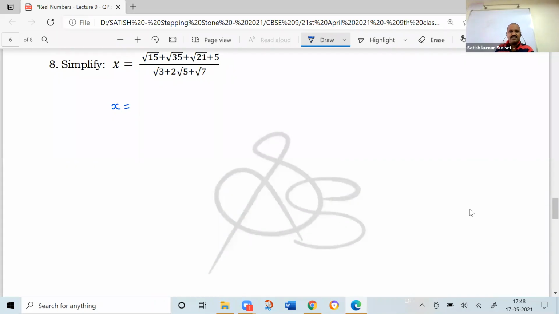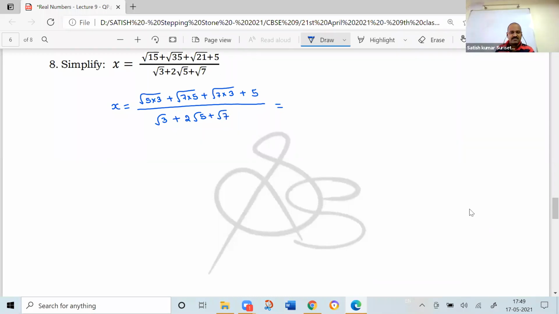So root 15 plus root 35. Root 15 you can write as root 5 into root 3, plus root 35 you can write as root of 7 into 5, plus root of 7 into 3, plus 5, upon root 3 plus 2 root 5 plus root 7.